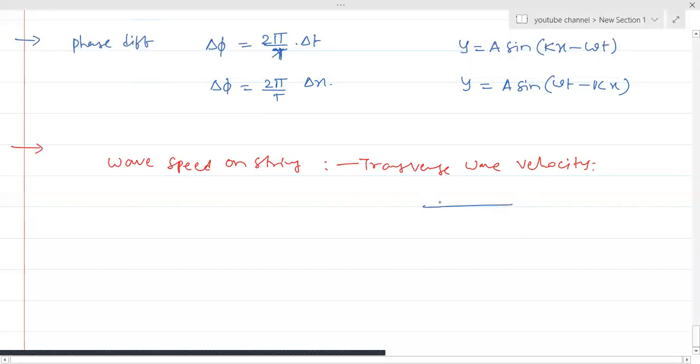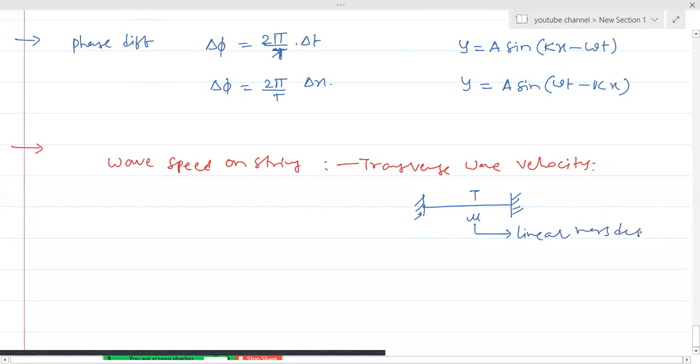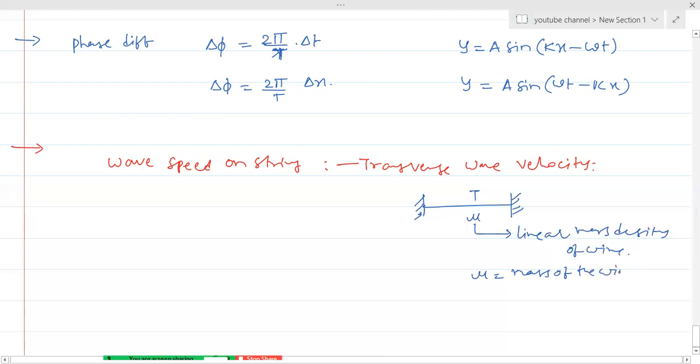Whenever we think of a string, it is rigidly fixed between two ends, and it has a tension T, and mu is the linear mass density of the wire. So mu is equivalent to the mass of the wire by the length of the wire.